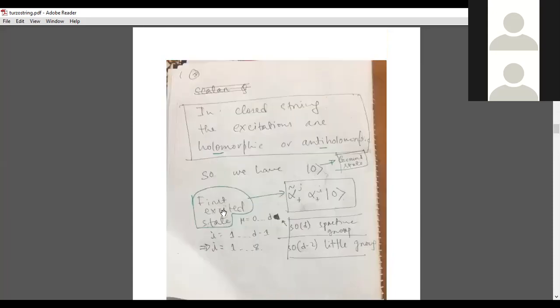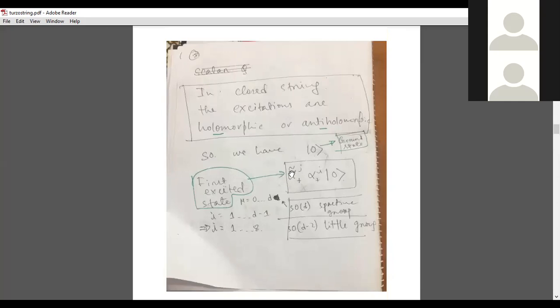But not in closed string. In closed string, alphas and alpha tildes are not related to each other in any way, just because of the periodic boundary condition. And this is your first excited state in that configuration.